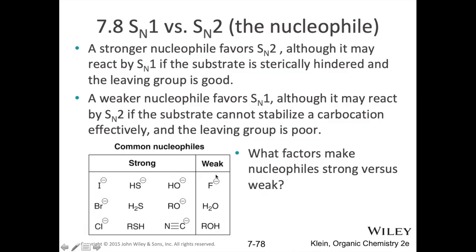Fluoride is kind of interesting here. You notice that all of your halide ions are great nucleophiles. Fluoride is not, even though it's a halogen and it's negatively charged. I think this has to do with fluorine's really strong electronegativity. While electronegativity generally makes things a better nucleophile, I think the problem with fluoride is that it's a little too electronegative.